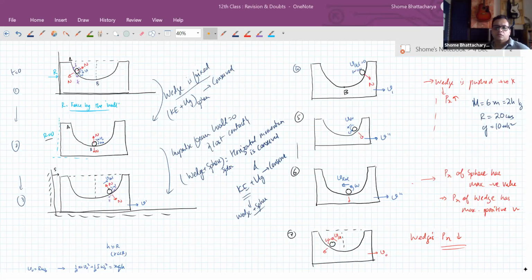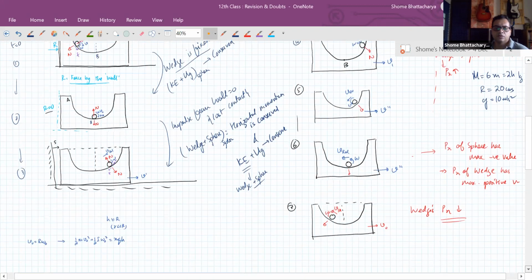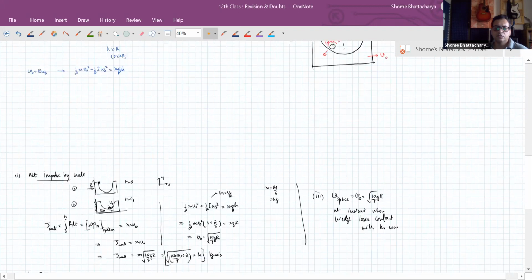Okay. So as the sphere rolls back from the highest point back to the point B, the wedge continues to accelerate. And the second time the sphere crosses the point B, that's when the sphere starts to decelerate. Okay. So that's the important thing to understand here.